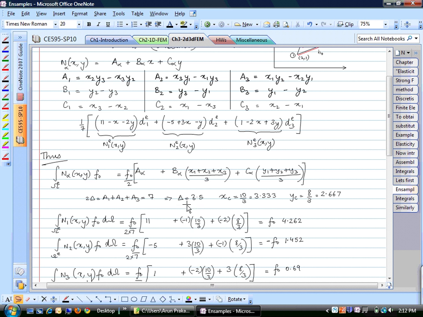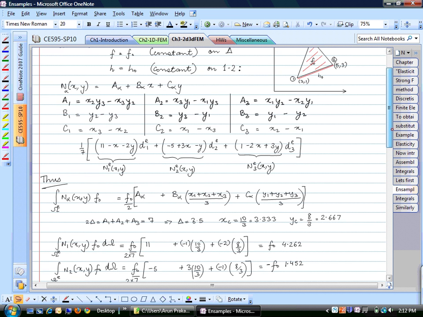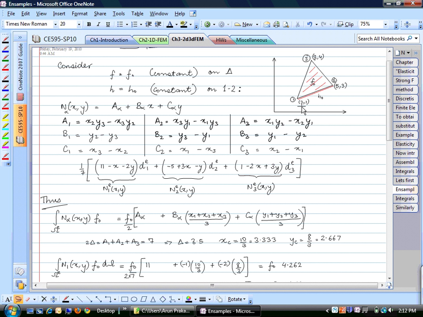So delta, the area of the triangle, is 3.5, and now the centroid location. That centroid location is also simply x1 plus x2 plus x3 divided by 3. So let's take a look at that. We have 2 plus 5 is 7, plus 3 is 10. 10 divided by 3, that's the centroid location in the x coordinate. Similarly, we have 1 plus 3 is 4, plus 4 is 8, divided by 3, that's the centroid location in the y direction. So that's the centroid location.